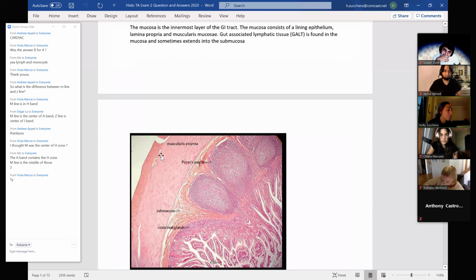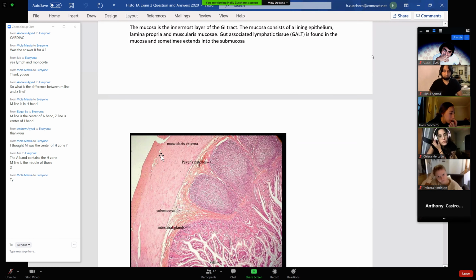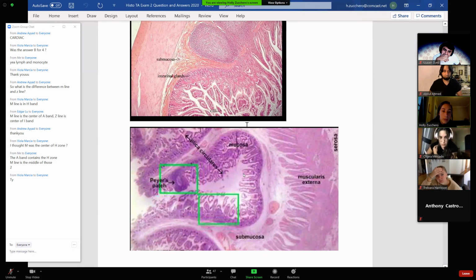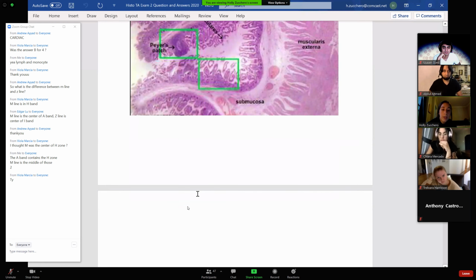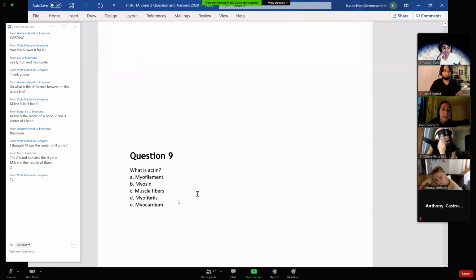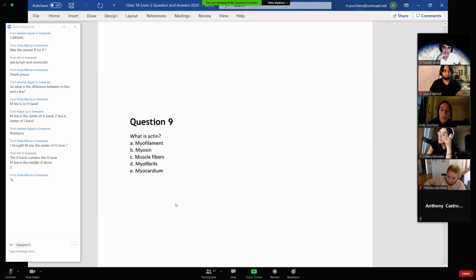So the GALT will be located in the mucosa. Are there any questions with that? So right here, this would be your submucosa, your muscularis externa, Peyer's patches. So just be familiar there with the GI tract. Then question 9.